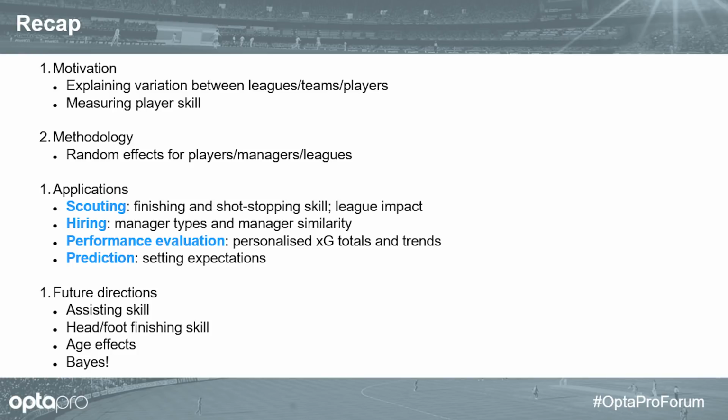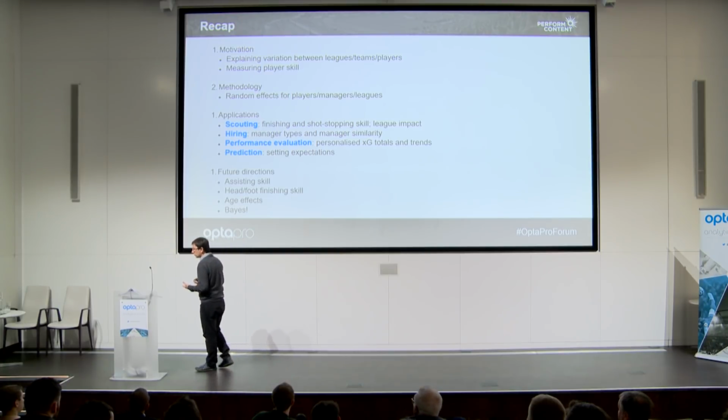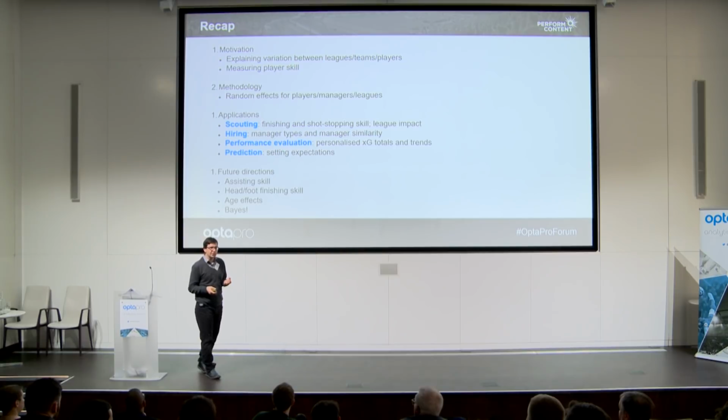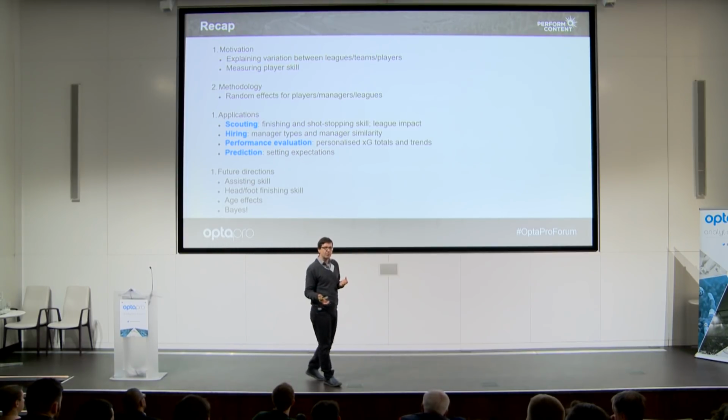Obviously, performance evaluation. So that was the previous slides. Look at your XG trends, but not global ones. Look at your personalized ones. And something I didn't talk about much is that obviously you use this kind of model for prediction. You could use it in a gambling context, but you could also, I think, so Devin said they don't do any prediction.